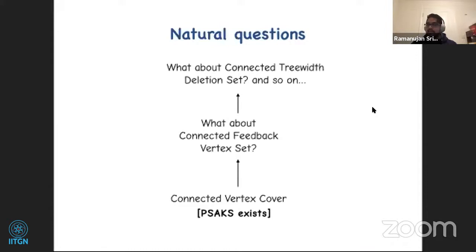Could this have a PSAKS even? And so on. For all of these problems, the question already makes sense because for connected vertex cover, we know that there is a lower bound of 2 in the approximation ratio, and there is a no polykernel result. So this new program of research naturally appears.